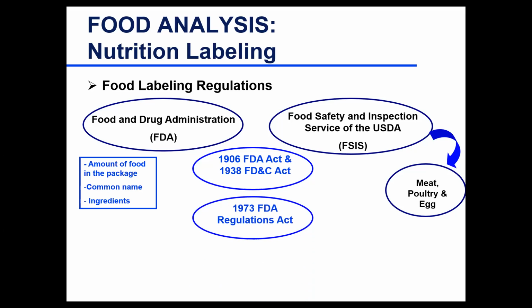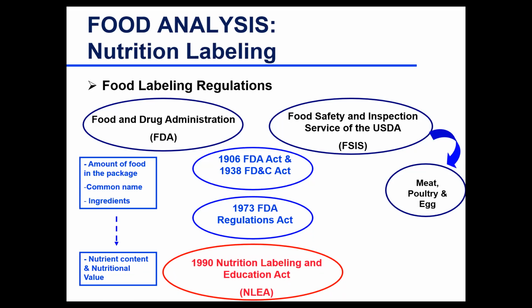And then moving on to 1973, you could have a nutrition label panel on the product, but it was mandatory if you added a certain nutrient or wanted to make a certain health claim. However, the 1990 Act, the Nutrition Labeling and Education Act, made nutrition labeling a requirement.